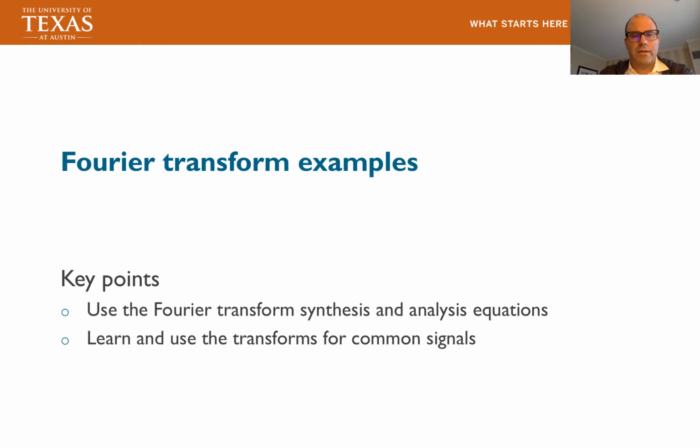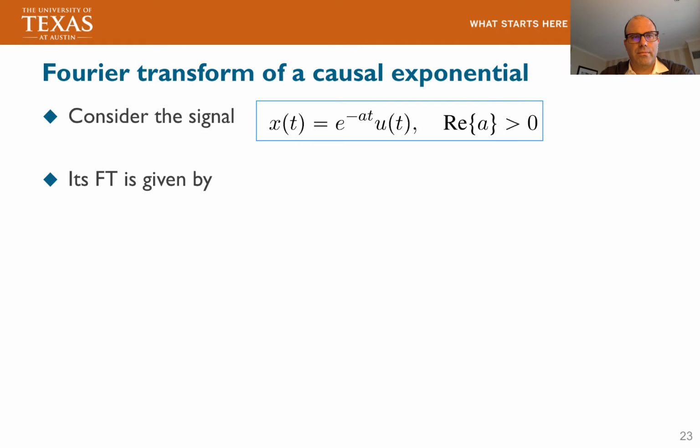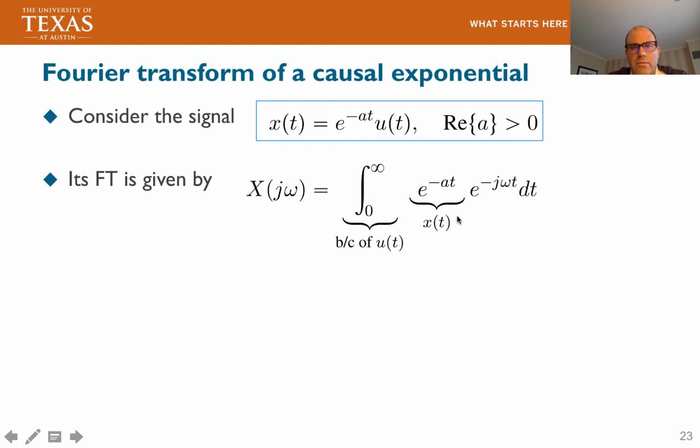Okay, so now let's look at some Fourier transform examples. First let's consider the causal exponential function. X of t equals e to the minus a t u of t, where the real part of a is greater than 0. For its Fourier transform, we substitute in x of t, integrate, and get rid of the unit step function.